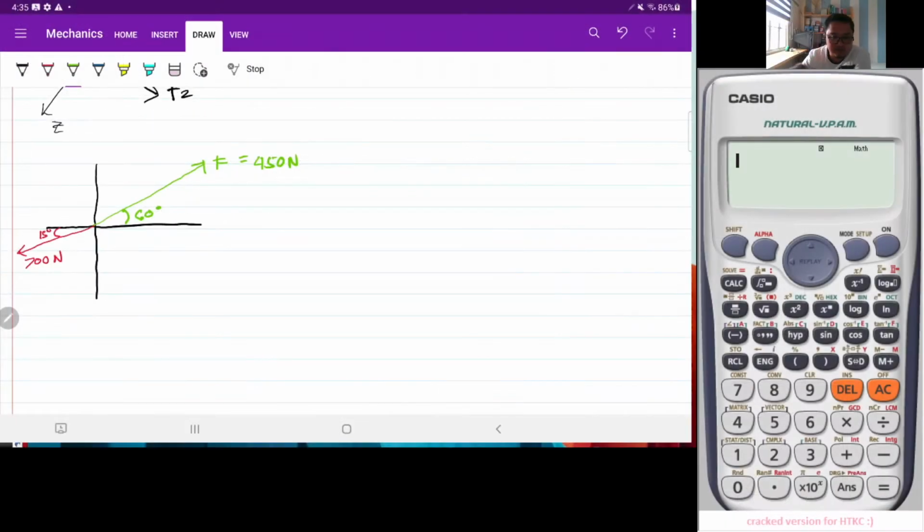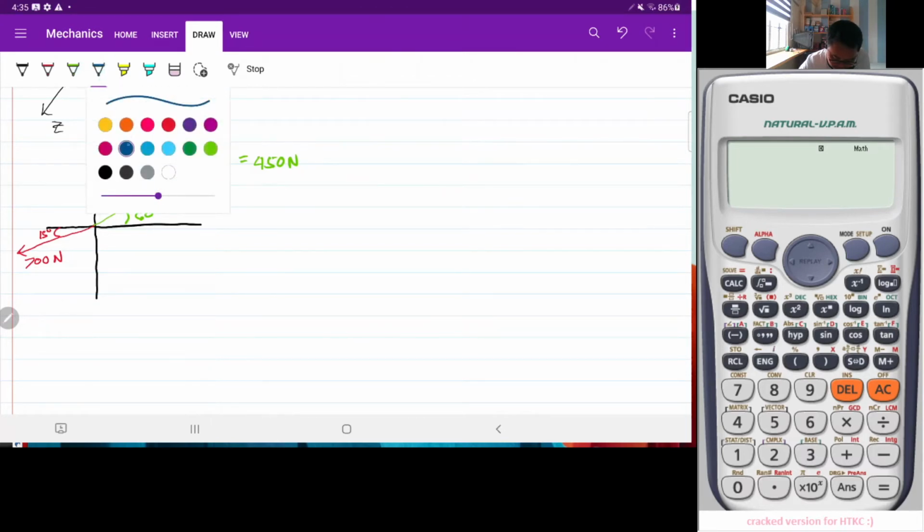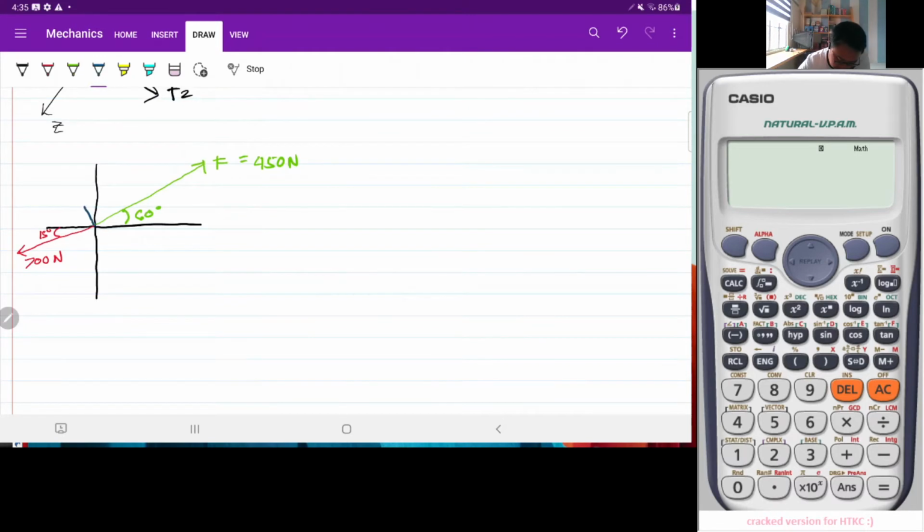Okay, so what we are going to solve here is the resultant. Assuming the resultant force is acting on this, this is R. So what we are going to solve here is the value of R and the angle with respect to the horizontal, measured counterclockwise from the horizontal.